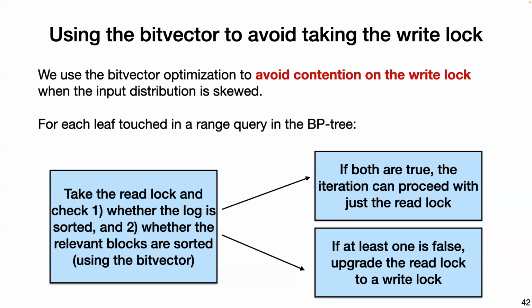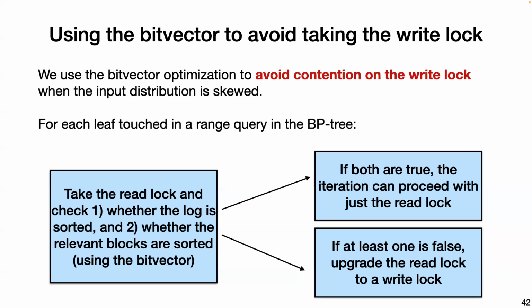You can check whether the log is sorted and whether the relevant blocks are sorted to what you need, and if they're already done, you don't need to take it in write mode. It's already in a perfectly fine state, and you can just proceed with your read lock. Otherwise, you have to upgrade to a write lock and do your fixing. But only one person has to do it, until the thing gets rewritten. So that is one way to decrease the contention.